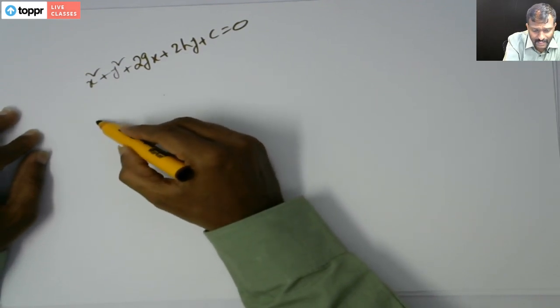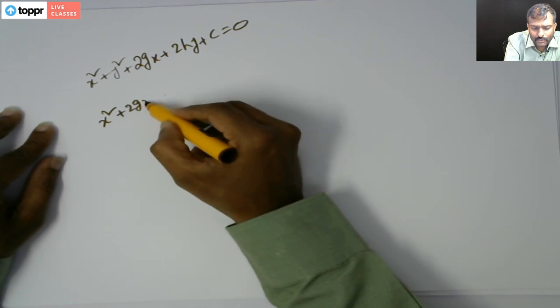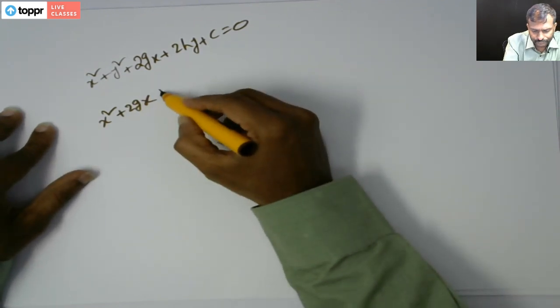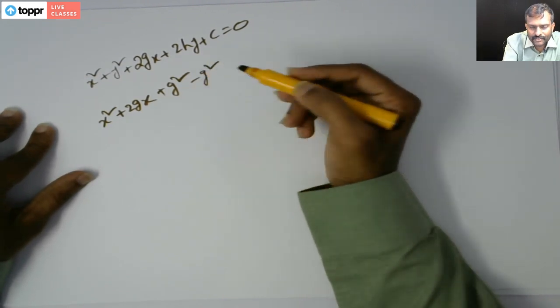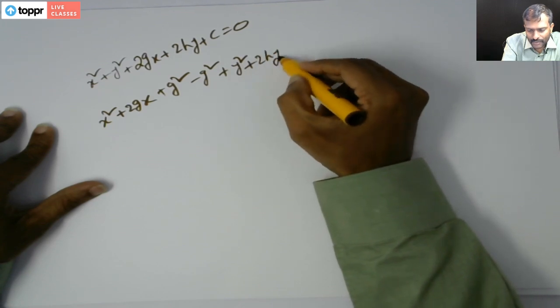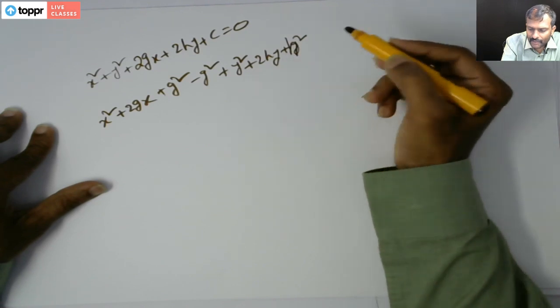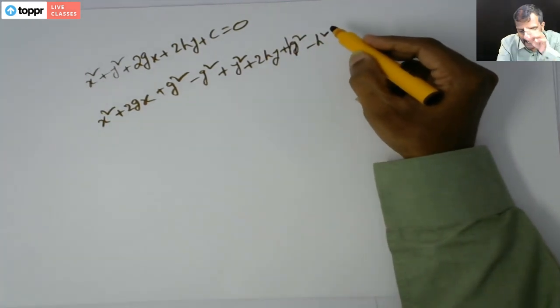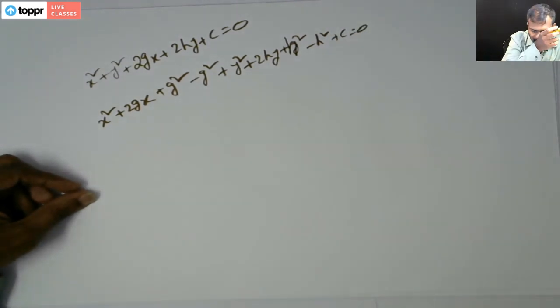You can write this as x square plus 2gx plus g square minus g square plus y square plus 2hy plus h square minus h square. I'm adding and subtracting to complete the squares, plus c equals 0.